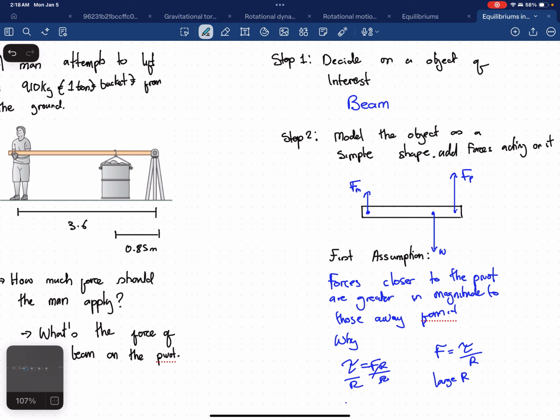A large R is going to give us a small force, and a small R will give us a large force.